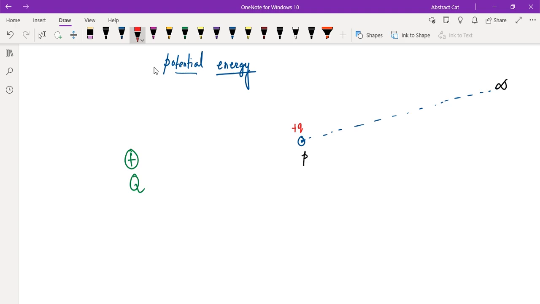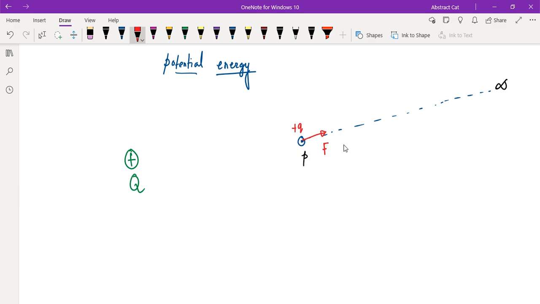And this test charge experiences some force due to the source charge. If the test charge is positive and the source charge is positive, the force experienced by the test charge is a repulsive force because both charges are like charges, okay.